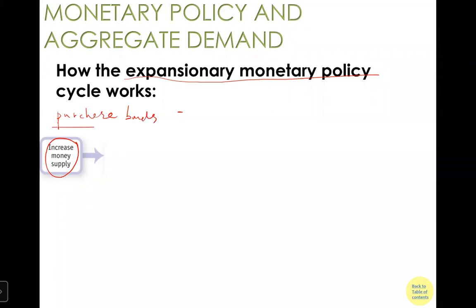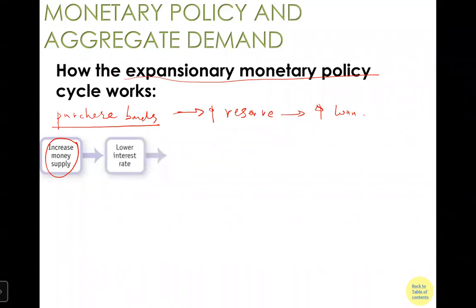By the way, this is through open market operations, because that's going to increase the reserves of the commercial banks, and then the commercial banks can increase their loans, and so on and so forth. All right, so the money supply increases, and from the demand and supply figures we have learned, that's going to lower the interest rate. By the way, this is the interest rate at which banks borrow from each other.